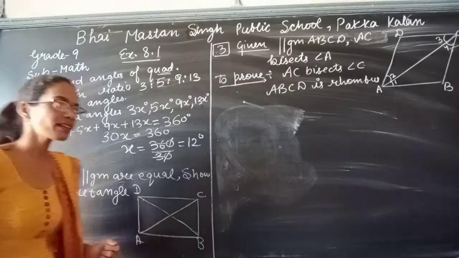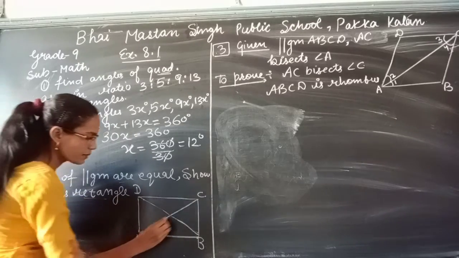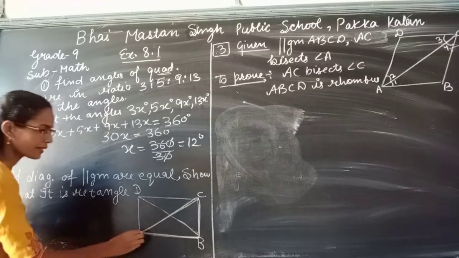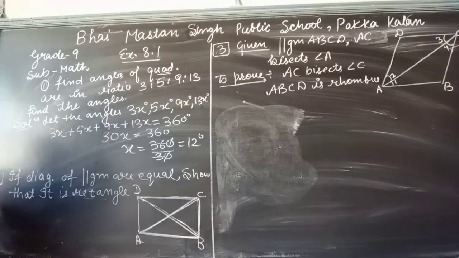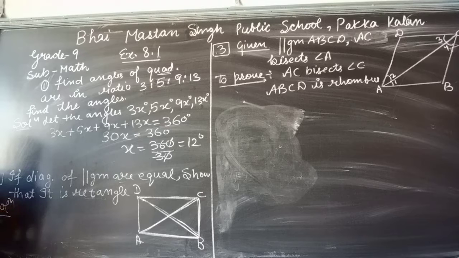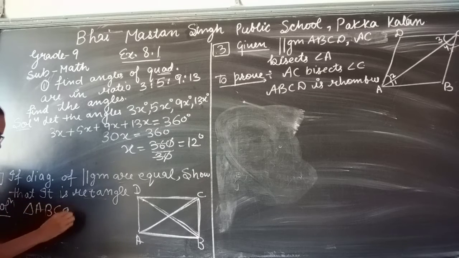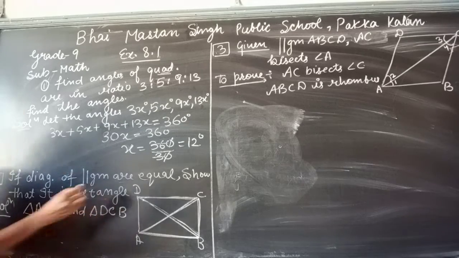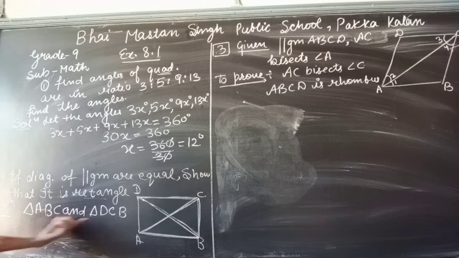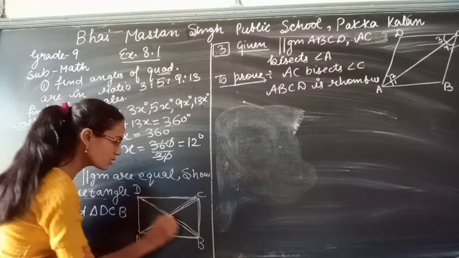So let's start. Firstly, I am going to take two triangles, triangle ABC and triangle DCB. In ABC and DCB, what do we have? Firstly, AC is equal to BD.